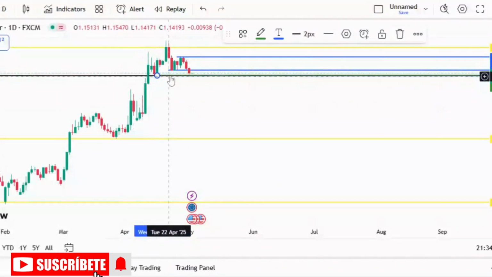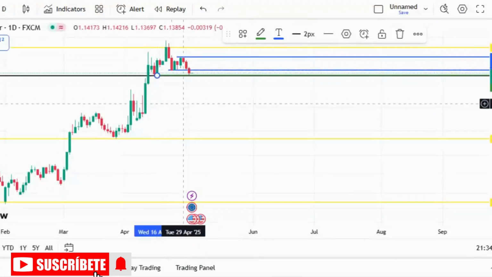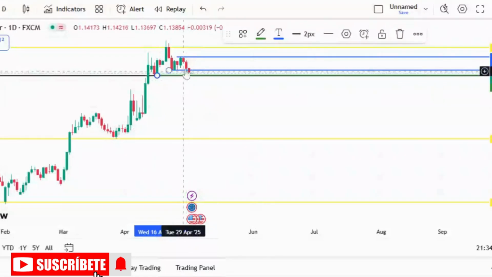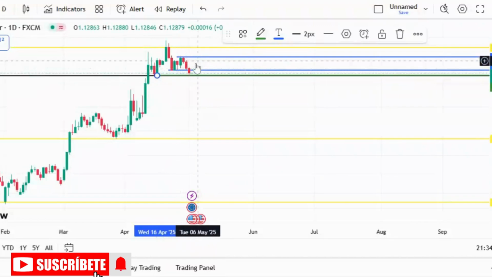So we should be expecting a reaction here, or if we don't see any reaction, we should expect price to fall down to this area before it starts going. But for me, what I'm looking at specifically is price coming to respect this area around the zone here. If price respects this area, we should be looking to buy more.